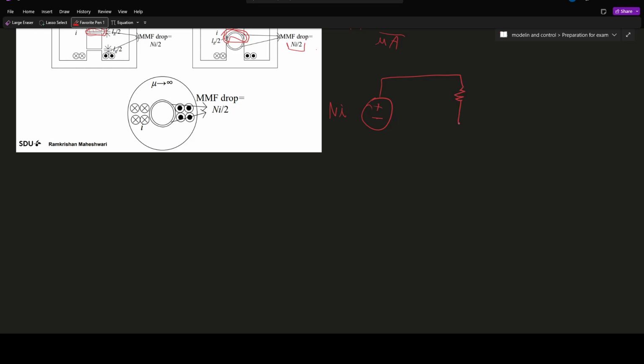We have our two reluctances, Rg over 2 and Rg over 2, and the drop in one of these is going to be Ni over 2. So for an electrical machine, if we look at this air gap, the MMF drop is going to be Ni over 2.